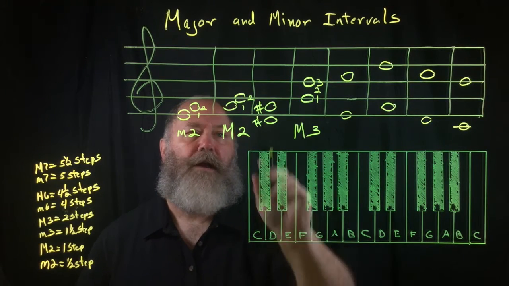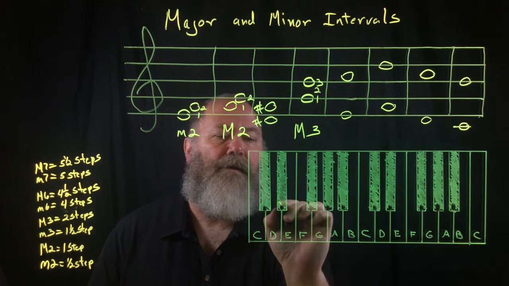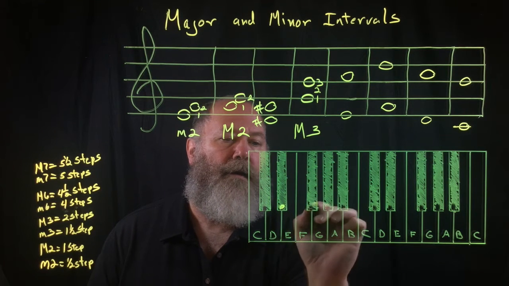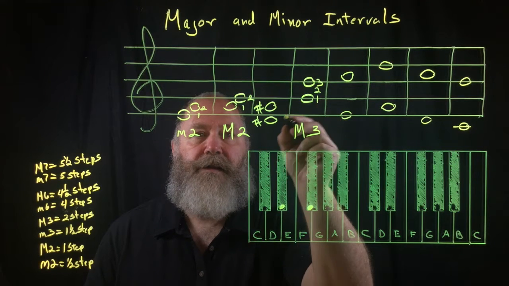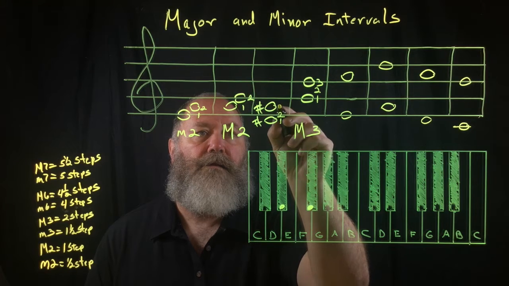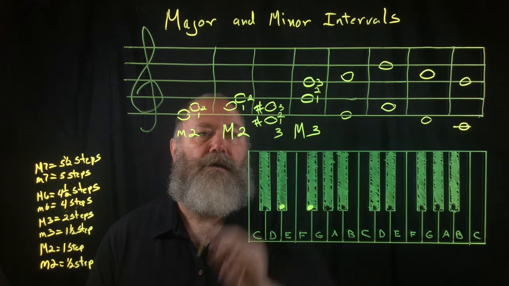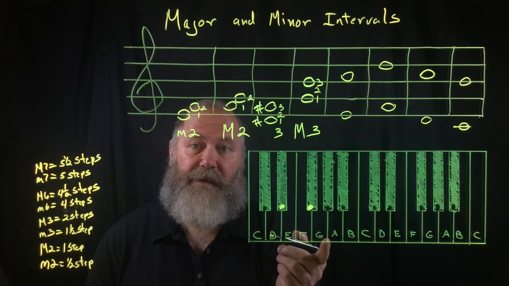Okay, let's go back to the one that we skipped. It says D sharp to F sharp. I'm going to mark those here, D sharp, F sharp. Let me count the lines and spaces. That space is 1, the line is 2, that space is 3. So this is a third also. Now, how many steps is it?